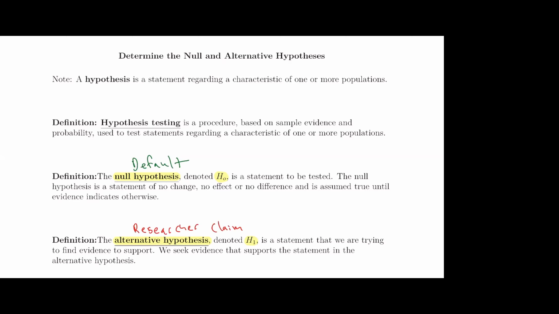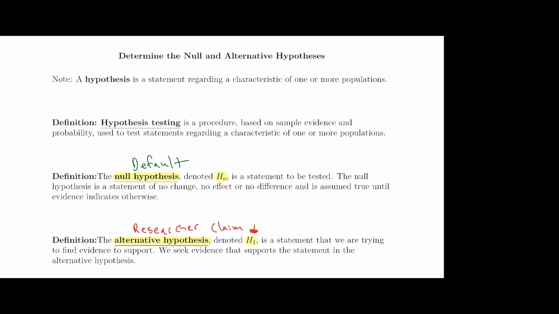We're really not trying to prove the null hypothesis is correct, because since the null hypothesis is already the default position, we're essentially already assuming it is correct. We want to see if there's enough evidence to prove that the alternate hypothesis is correct. The label for the alternate hypothesis in this book is H1.